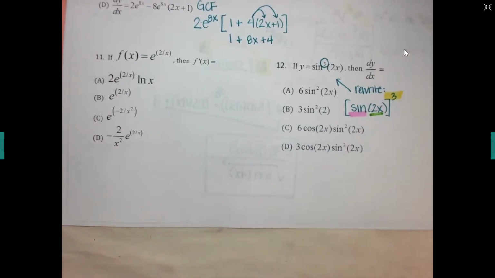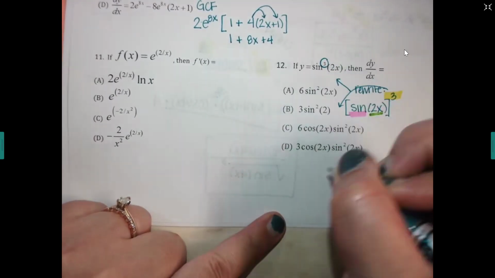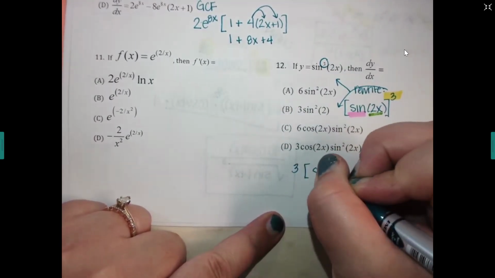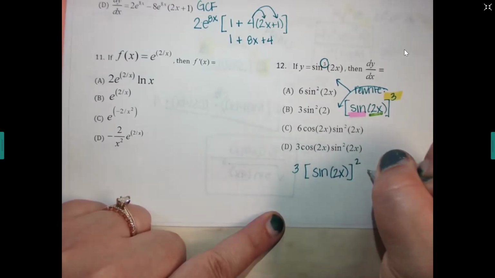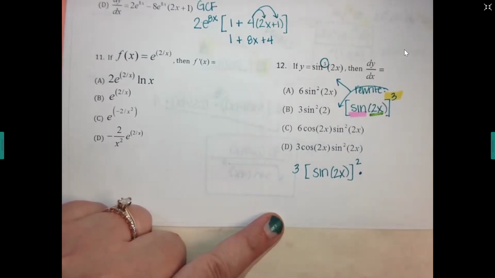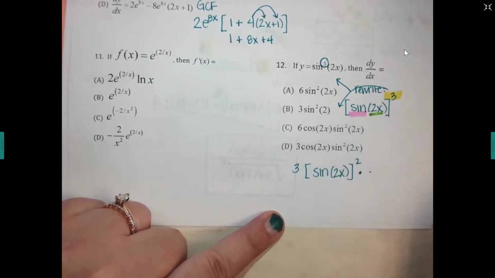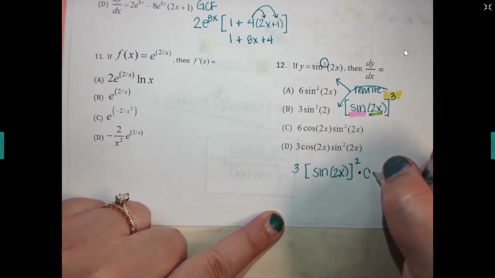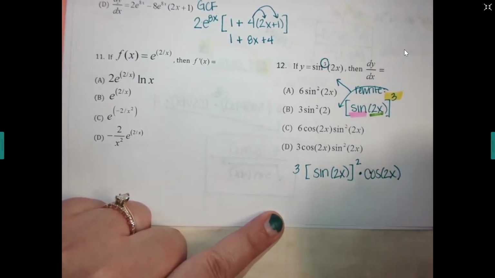So let's do the cubed layer first. The 3 comes down to the front. Now my sine 2x is to what power? The 2. Then I move in a layer to sine. What's the derivative of the sine layer? Cosine. The 2x layer stays the same, but then what's the derivative of the 2x layer? 2.